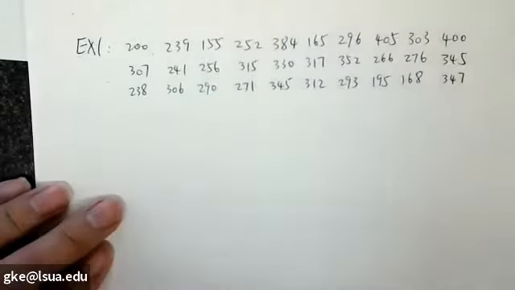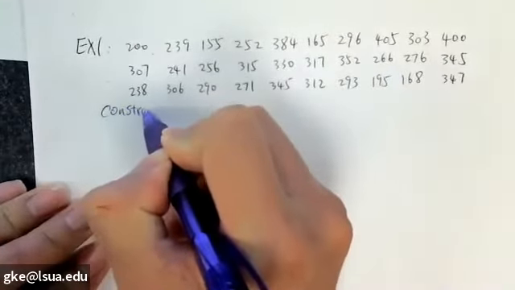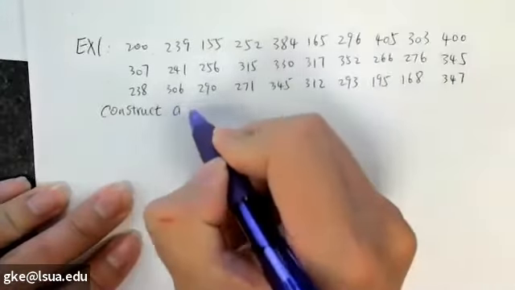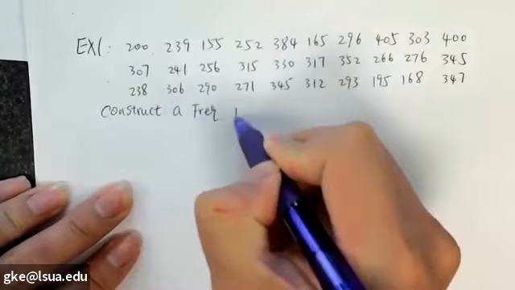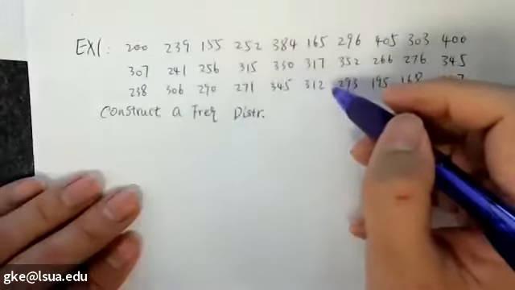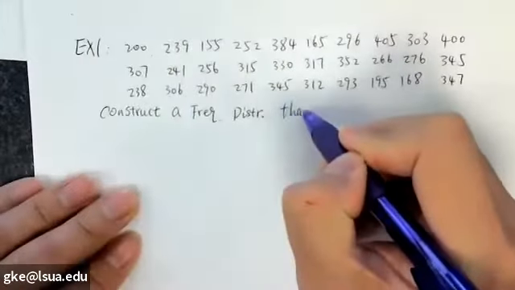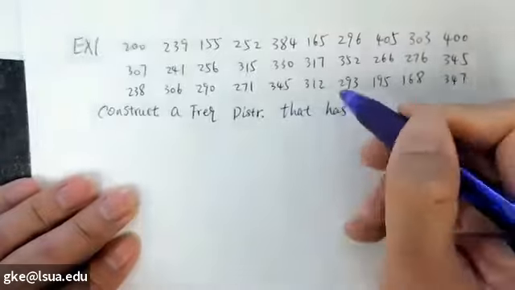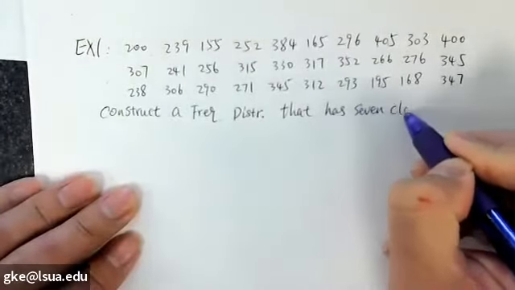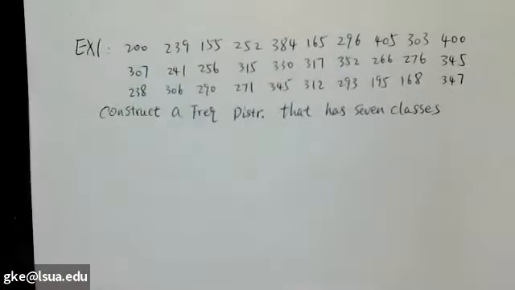So I want you to construct a frequency distribution that has seven classes. Okay, that has 7 classes.